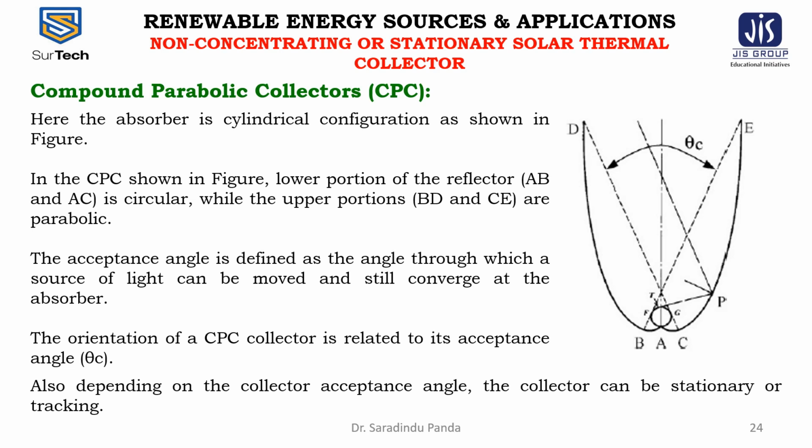When oriented along the north-south direction, the collector must track the sun by turning its axis so as to face the sun continuously. As the acceptance angle of the concentrator along its long axis is wide, seasonal tilt adjustment is not necessary.